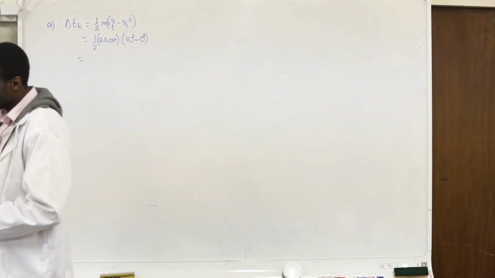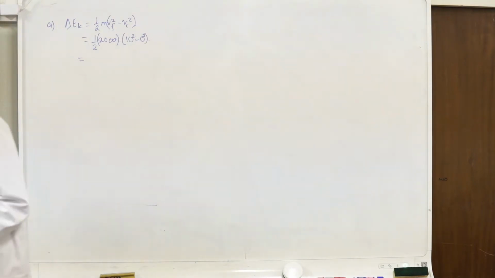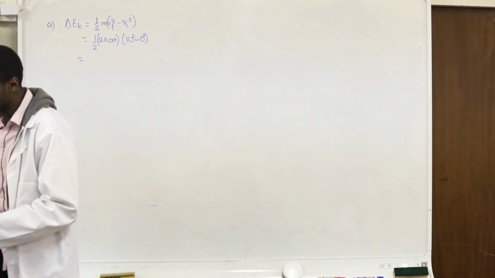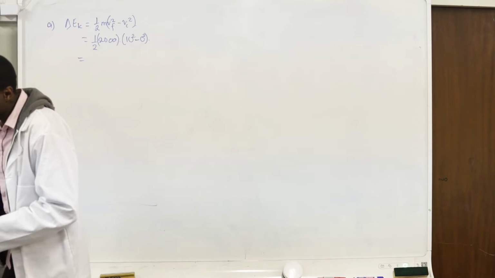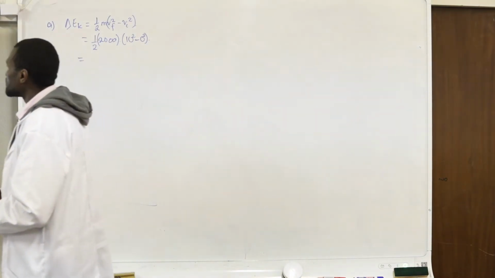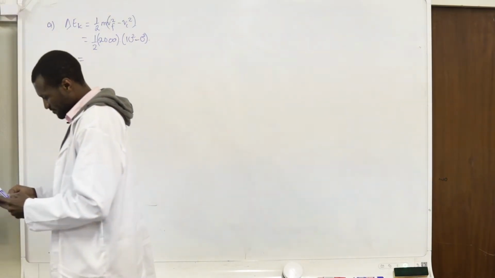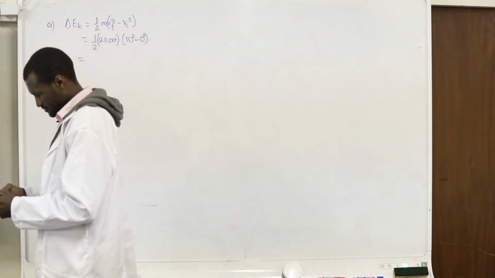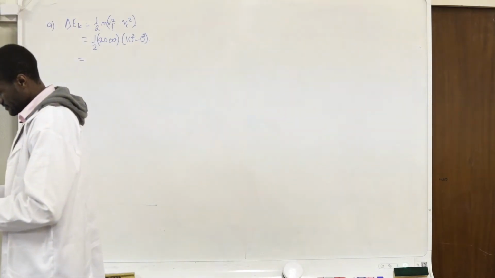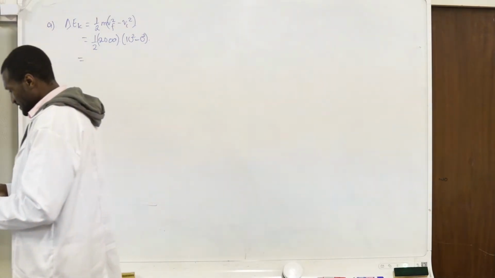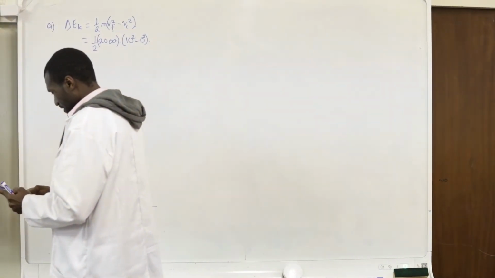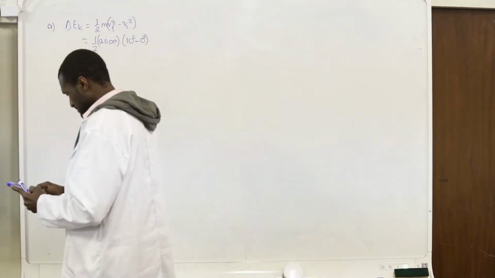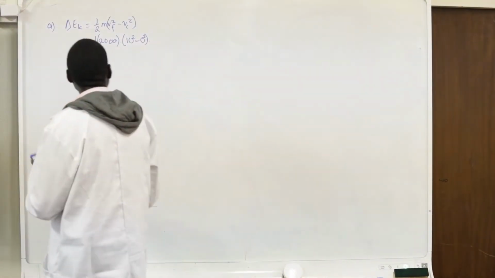Pull out your calculator. I got my blue baby here with me. We must be able to calculate that quickly, and it must give us half of 2000 multiplied by 10 squared.